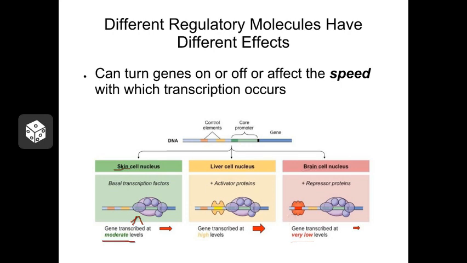And finally, this protein is needed a whole lot in the liver, so a different regulatory molecule binds to those control elements, and it gives you a high level of transcription. So the use of these regulatory molecules really gives the cell a lot of control over which proteins it makes, how much it makes, and when it makes them.